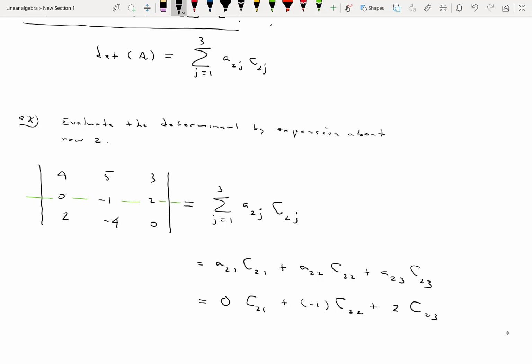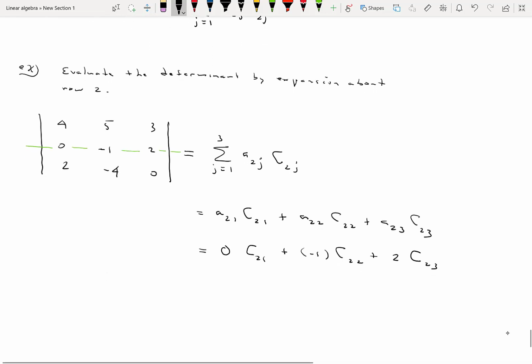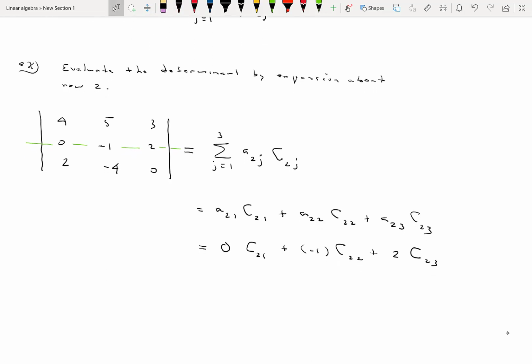And the answer to why we would choose to expand about the second row is in that line I just wrote. Notice the coefficient of C21 is 0. I never have to compute the cofactor of the matrix. I never have to compute that 2-1 cofactor.